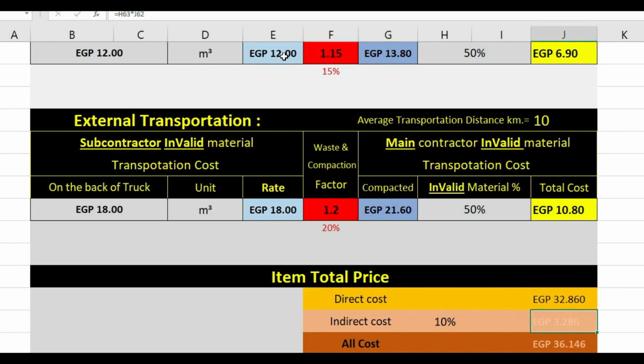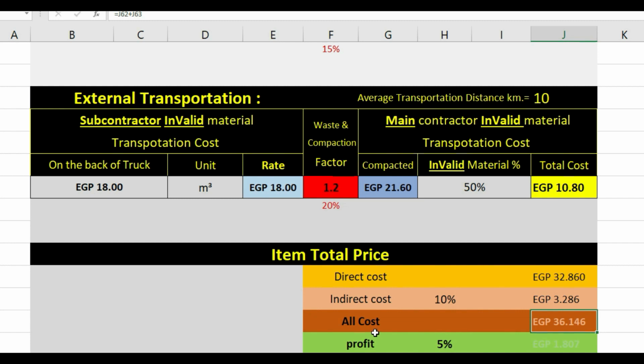The indirect cost is 10% of direct cost, equal 10% multiply direct cost.